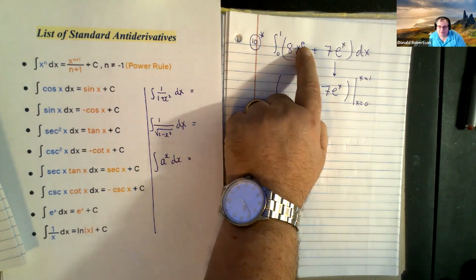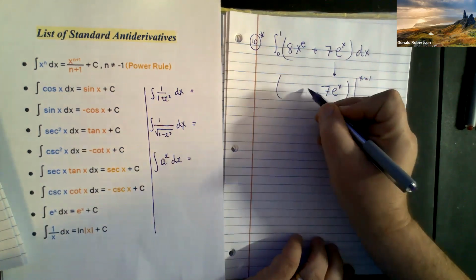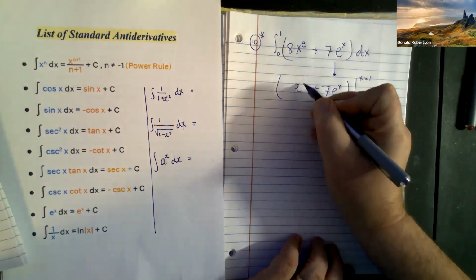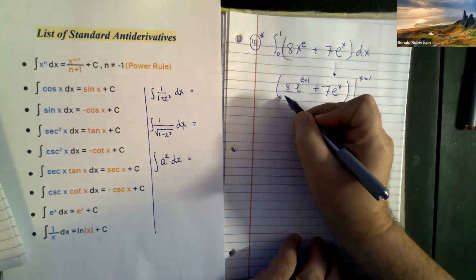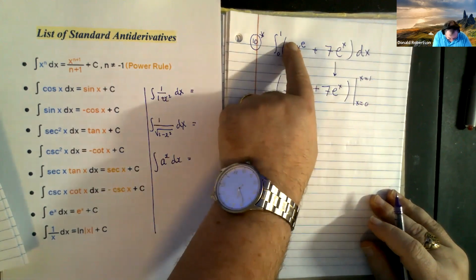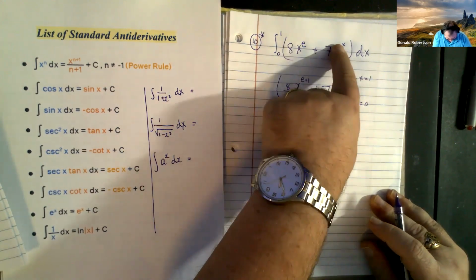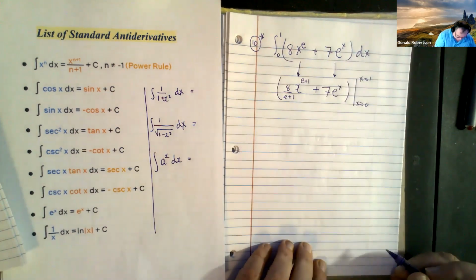It's about 2.7182 if you want to know. So the power rule applies. You add 1 to the power and then you divide by the new power. So that ugly guy is the antiderivative of the first one, and this is the antiderivative of the second one.